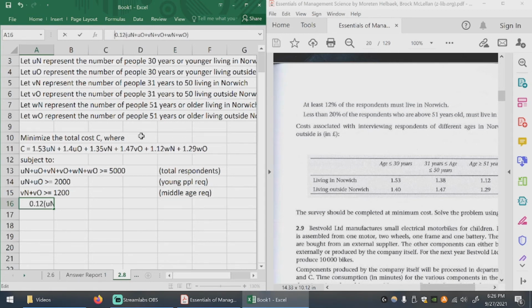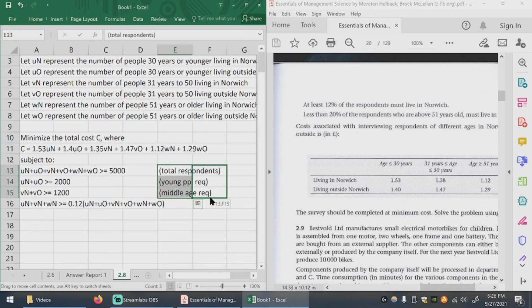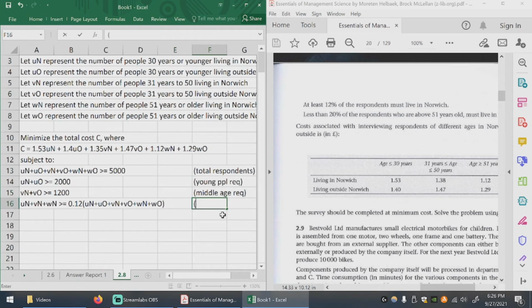Well, it's the young people living in Norwich, the middle-aged people living in Norwich, the old people living in the city. They have to be at least 12% of the total. And there we go. I'm going to move this a little bit to the right so that I avoid overlap. What is this requirement? The Norwich requirement.